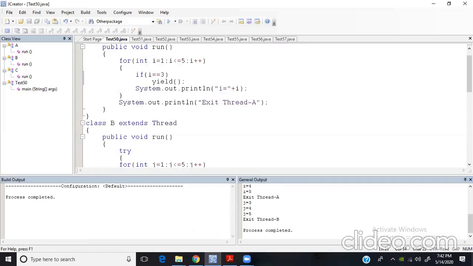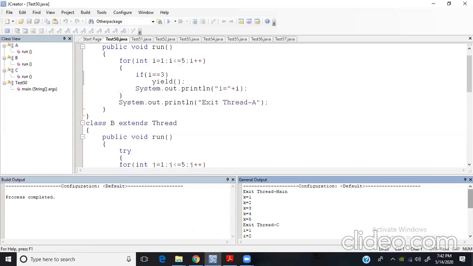Look, exit main thread, fine. Then thread C gets its processor. K1, K2, K3, K4, K5. Why does thread C get processed?